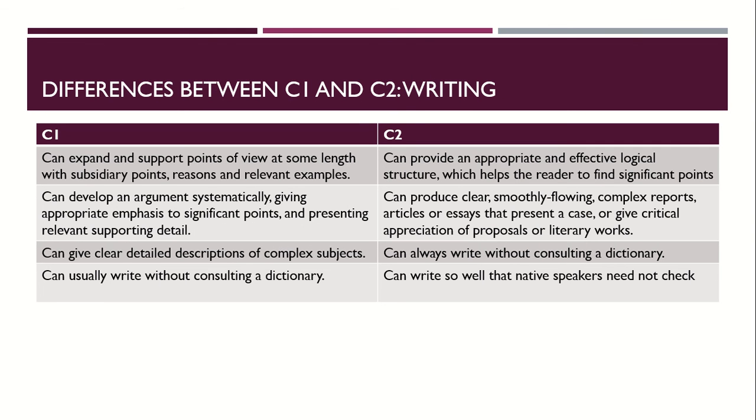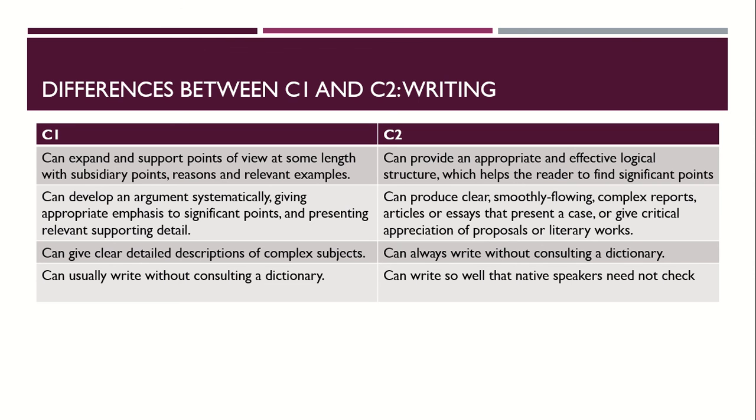Finally, on writing, we can see that on C1 level, the user can expand and support points of view at some length with subsidiary points, reasons, and relevant examples. Also can develop an argument systematically, giving appropriate emphasis to significant points and presenting relevant supporting detail. Can give clear detailed descriptions of complex subjects, and can usually write without consulting a dictionary.